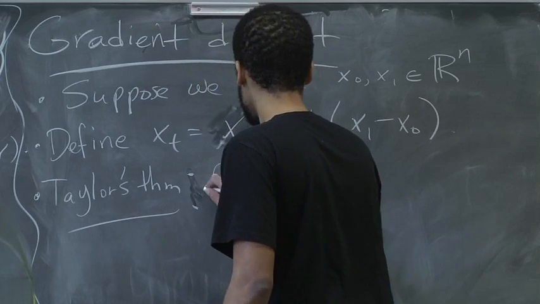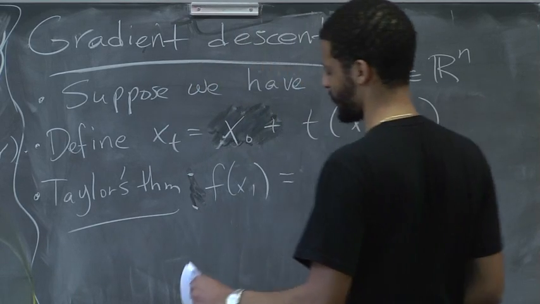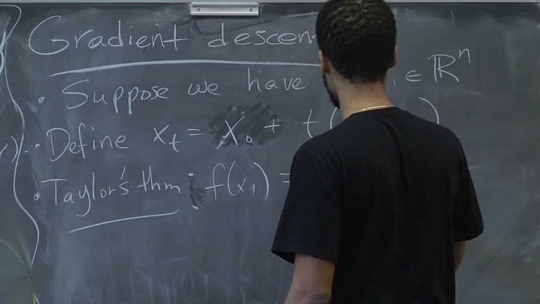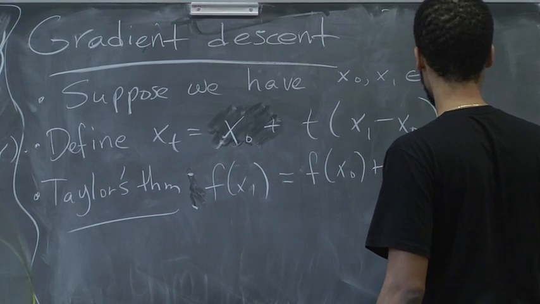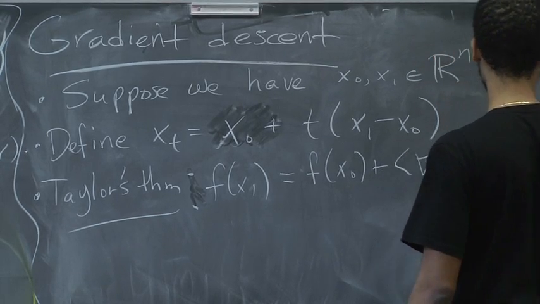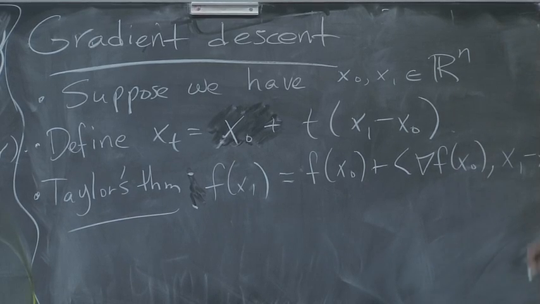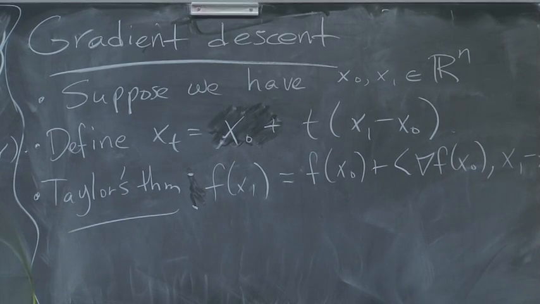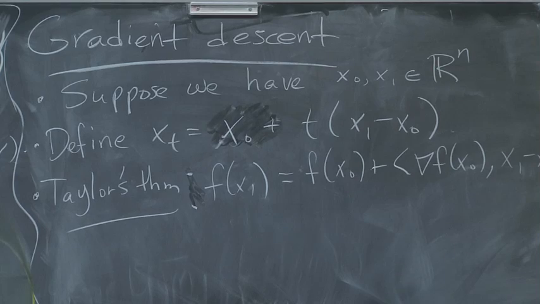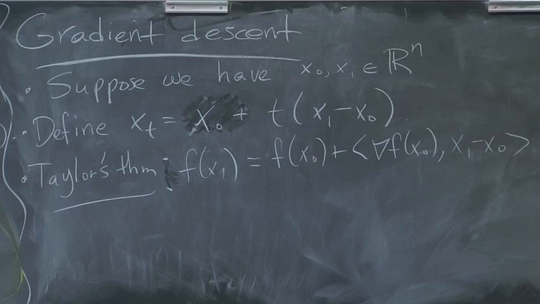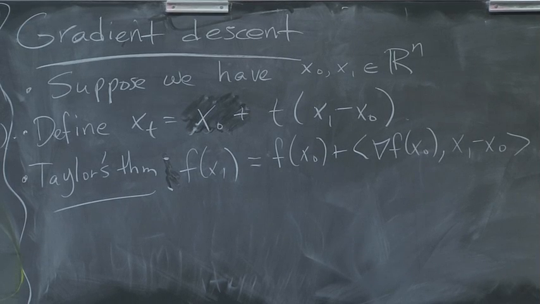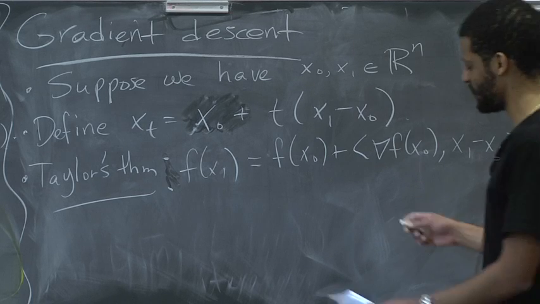F of x1. The first two terms in the Taylor expansion are f of x0 plus the gradient of f at x0 dotted with x1 minus x0. Those are the first two terms in the Taylor expansion of f of x1. And then there's an error term, which you can write explicitly in some funny form.